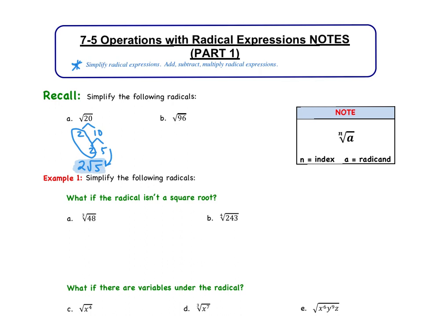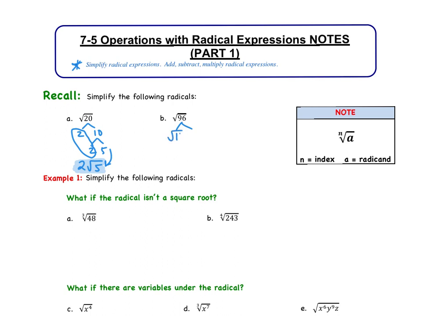The other way is to look for perfect squares. So that's what we're going to do with the square root of 96. If you're using that method, you're trying to figure out what is the biggest perfect square that goes into 96. Well, 4 goes in, but we have to think a little bit bigger than that. So 4 goes in, 9 does not go in, 16 does though.